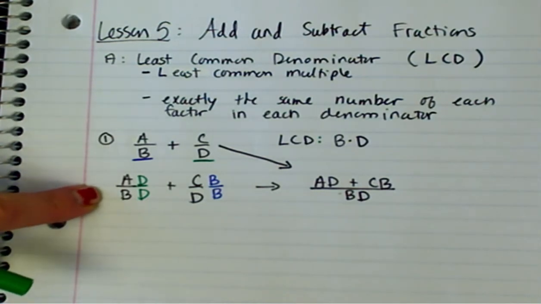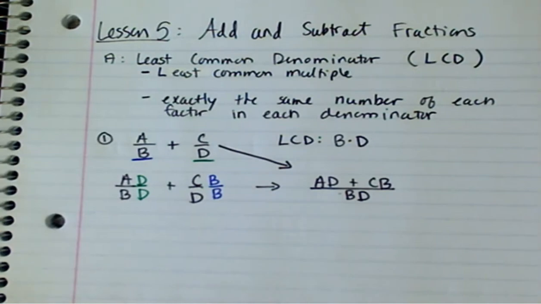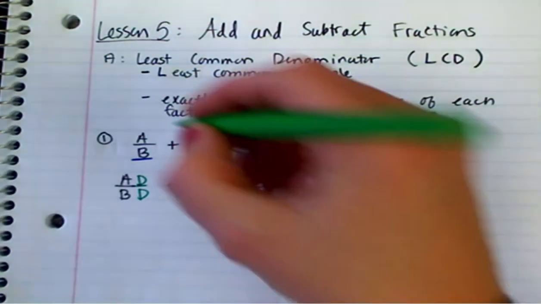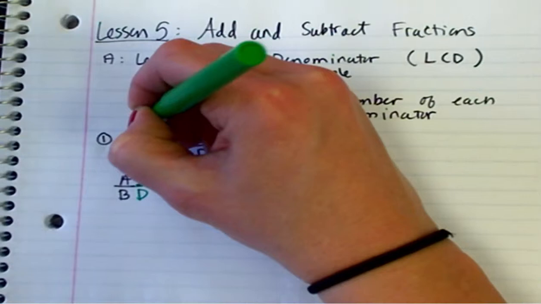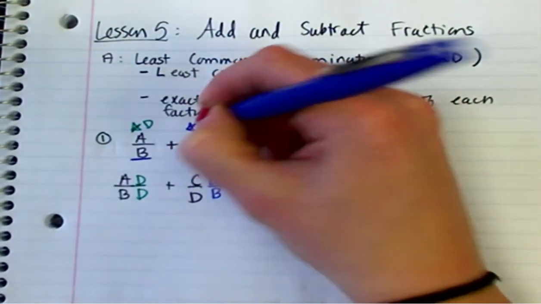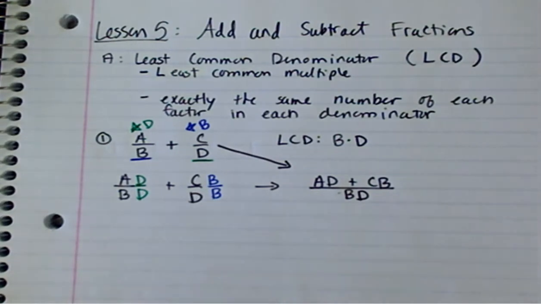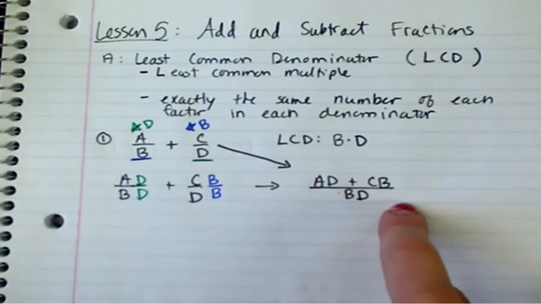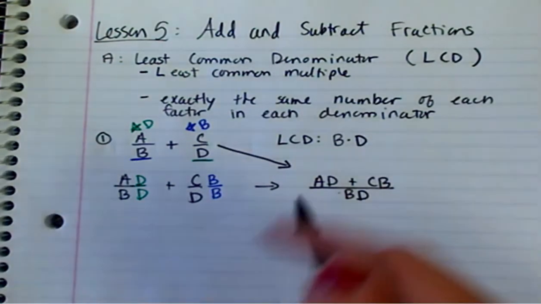It's a lot to copy. Would I make a note to myself like, okay, multiply D and multiply B? Yeah, I would prefer a little shorthand on how you're going to get your common denominator and then go straight to the combined fraction.